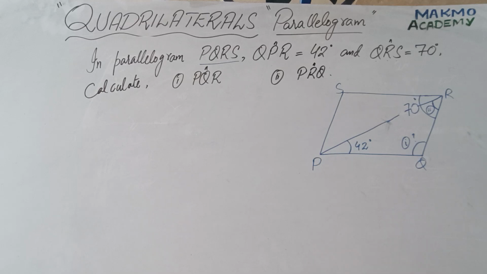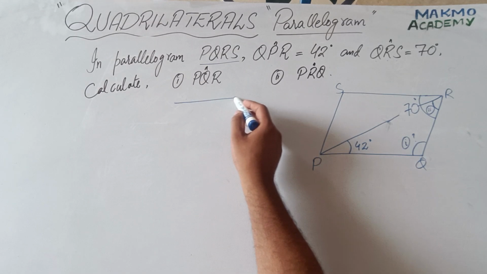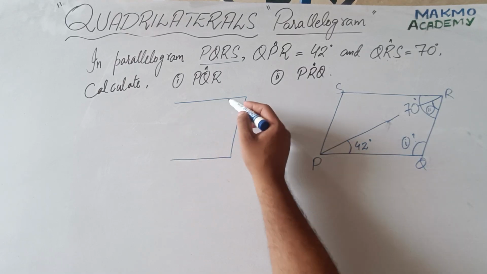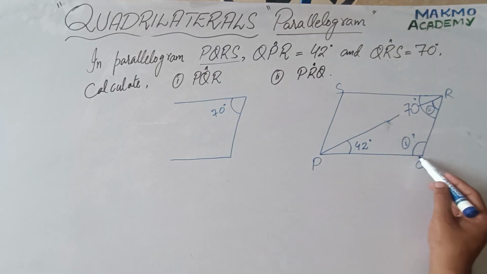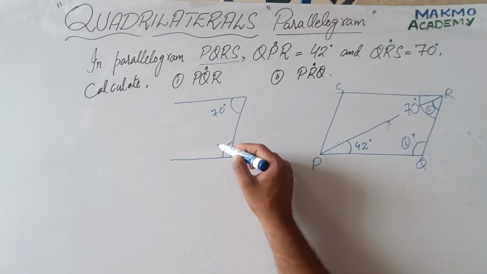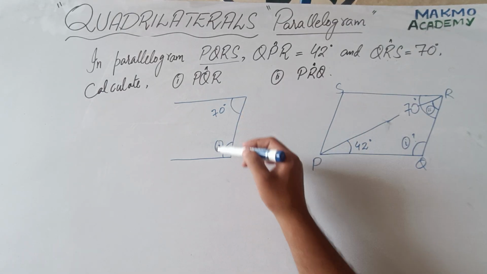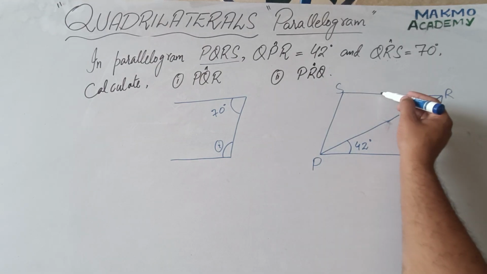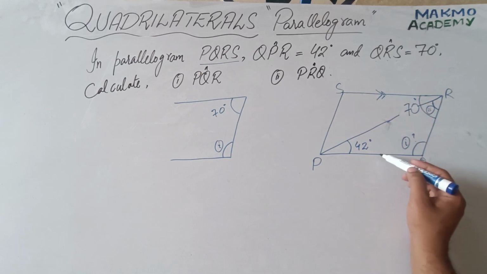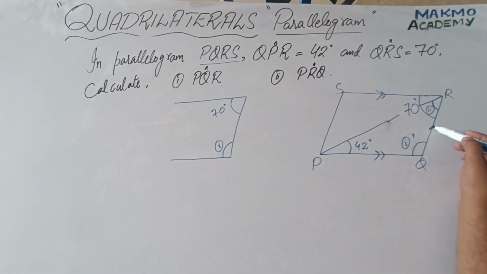So now let's be attentive and look at the figure very attentively. The size of this whole angle is 70 degrees, which is given, and we need to find this angle in the first part. The sum of these two parts is equal to 180 degrees according to interior supplementary angles, because it's a parallelogram and opposite sides are parallel with each other.